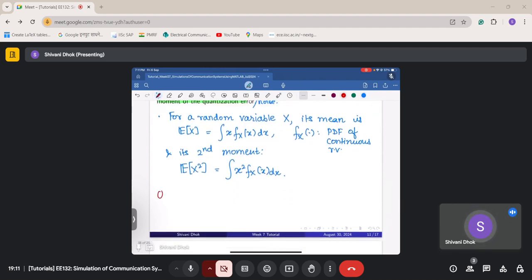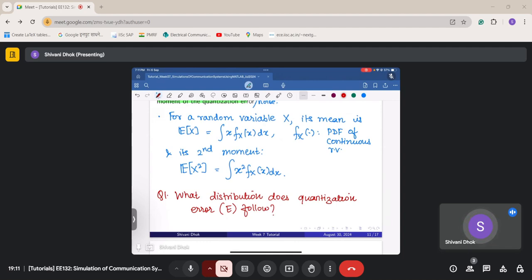The first question that should arise in our mind is what distribution does the quantization error, let's say denoted by capital E, follow.